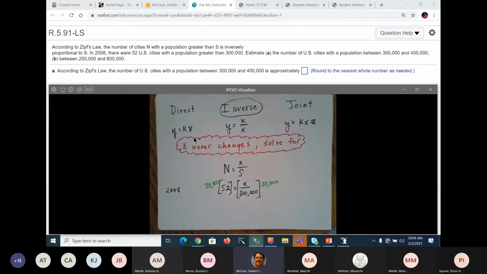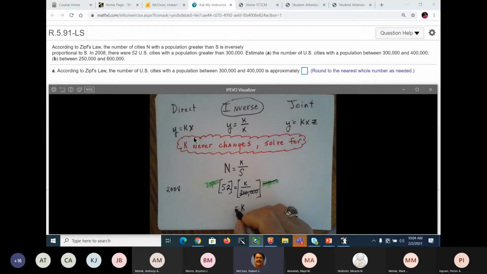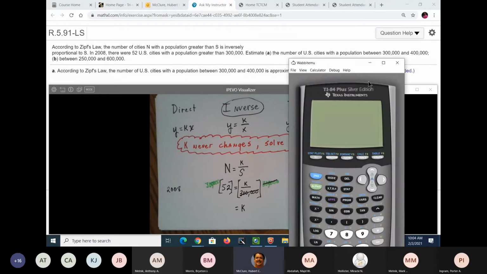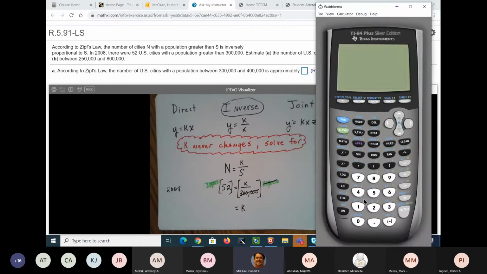And K is equal to, and I'm going to take my handy dandy calculator and multiply 300,123 multiplied by 52. It'll be a big number. Is that 15,600,000?